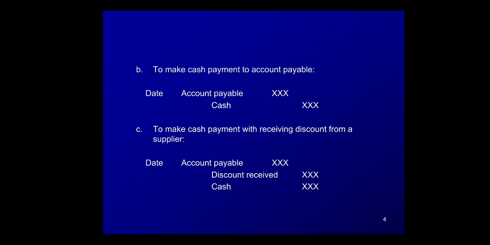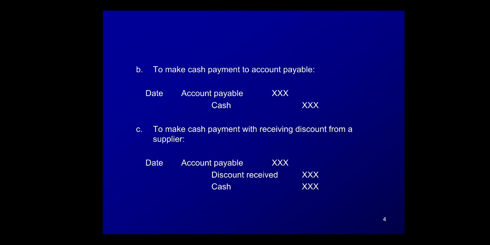Let's say you purchase something from a supplier on credit, and then you pay the amount earlier. Most of the time, if you pay accounts payable earlier, then you will get a discount from the creditor.